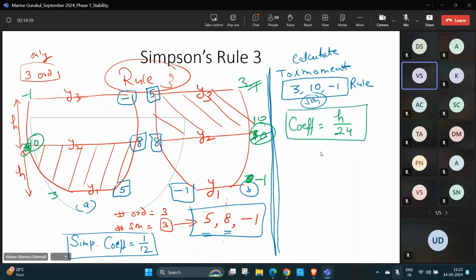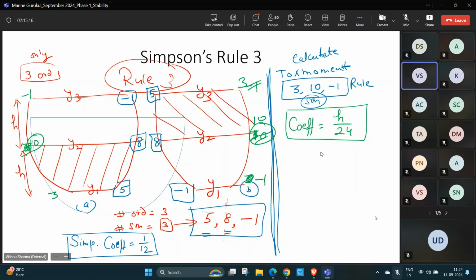Guys, in rules 1 and 2, you had the liberty to choose the axis. You could decide which axis you'll take, and levers were taken from that axis. In 3, 10, minus 1, you do not have a choice of the axis. When you use 3, 10, minus 1 and apply the multipliers the way they are given, by default your moment will come about the axis which is passing through the ordinate which is given the multiplier 3.